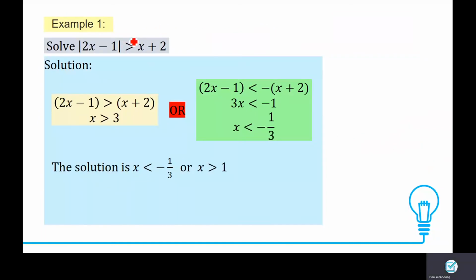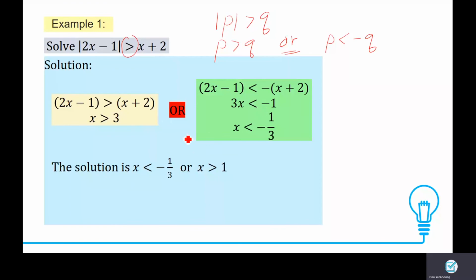Now take the first example. By definition, this is greater than. When I have absolute p greater than q, by definition it is p greater than q or p less than negative q. You just follow exactly: your p here is 2x minus 1 greater than x plus 2. So you solve it, and don't forget this is an 'or', put the 'or' back. Then the right hand side, another one is 2x minus 1 less than negative x plus 2.